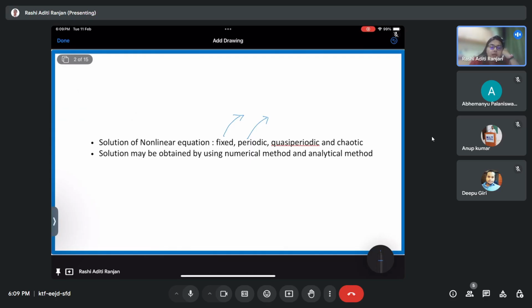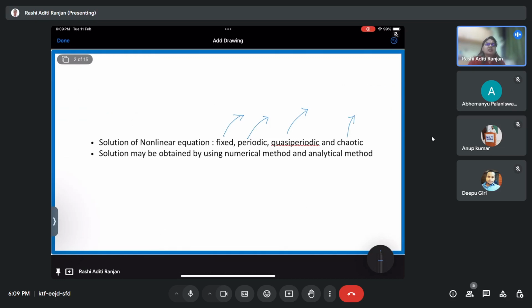Third one is the quasi-periodic response, wherein we have an irrational ratio between two frequencies, right? There we get the quasi-periodic response. And the last one is the chaotic response, which we have discussed. Chaotic response is essentially a type of aperiodic response, wherein there is a strong dependence on the initial condition.